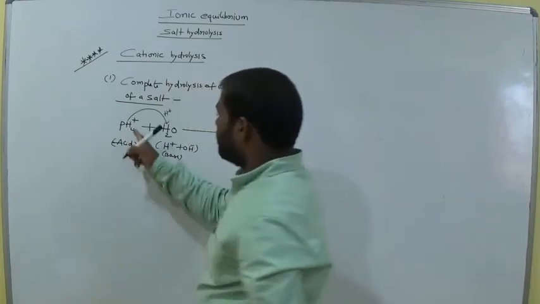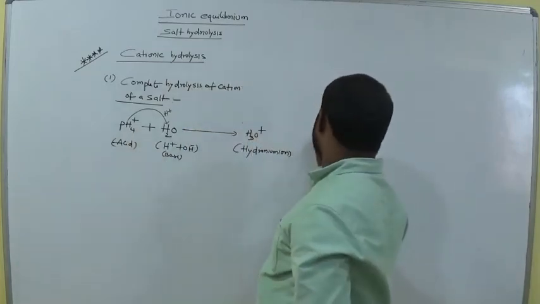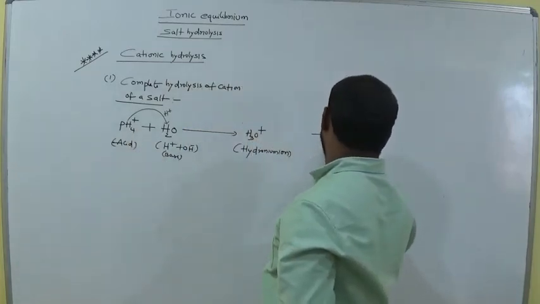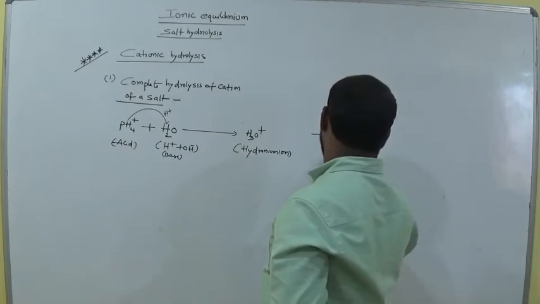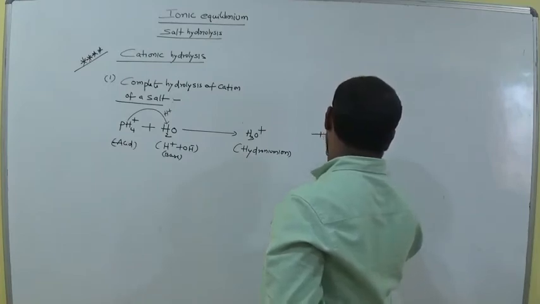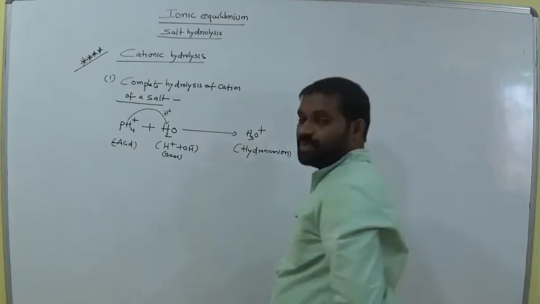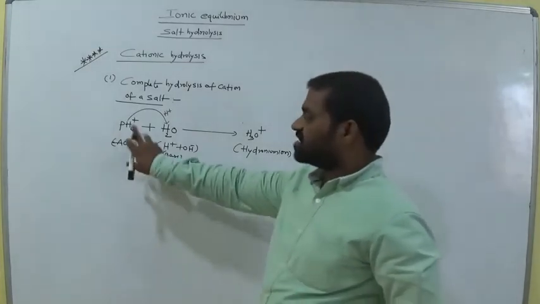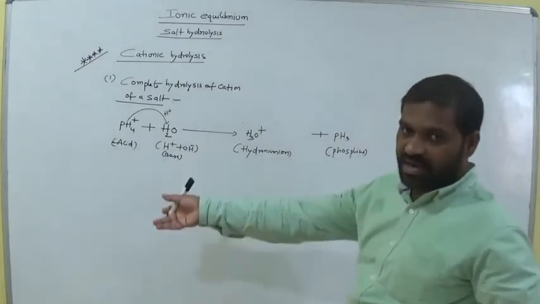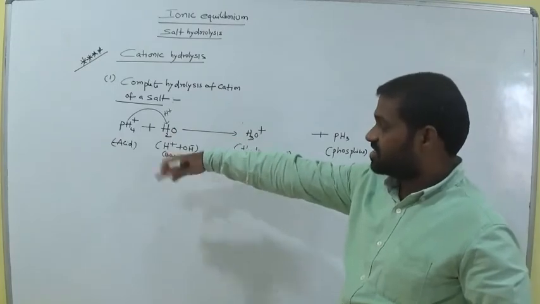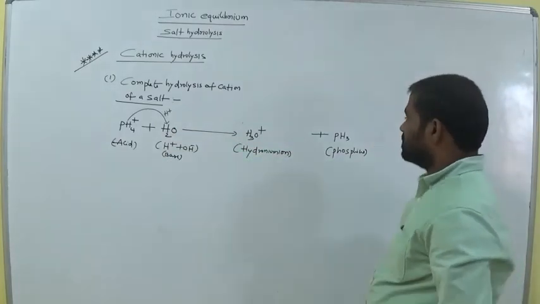Now what about this one? It is PH3, phosphine. Now this is a phosphonium ion, like ammonium ion, NH4 plus.